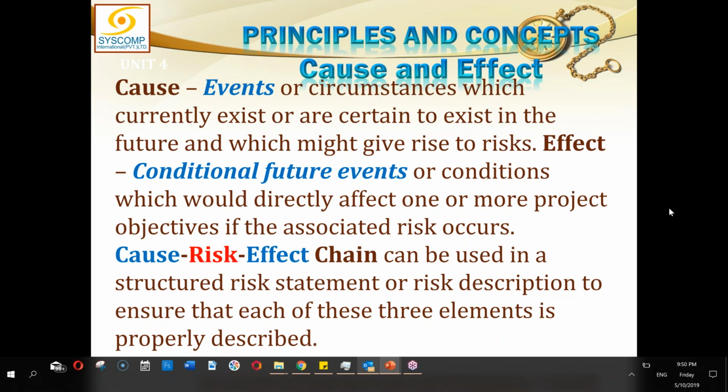You have given me the cause, you have given me the risk and the effect. But if you look at it very closely, you will yourself find out that this is a very loosely worded statement, and it could even be further clarified. When you dig down, you will find that it has to be more specific.